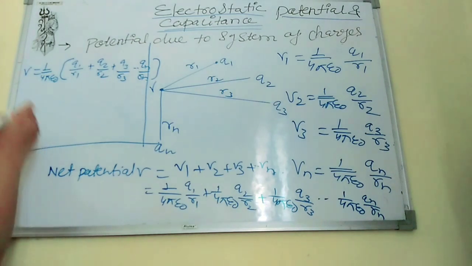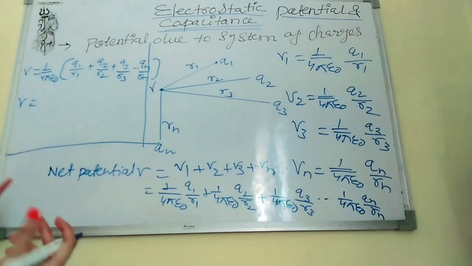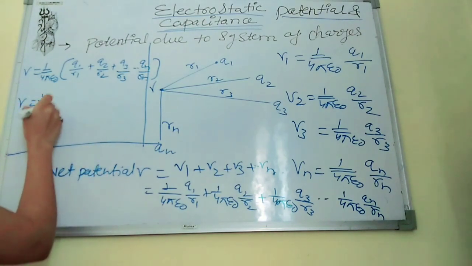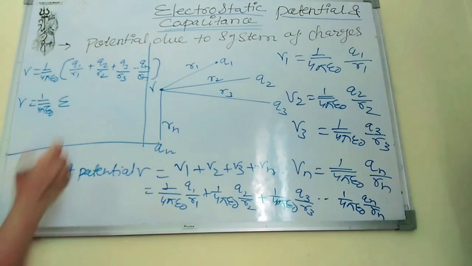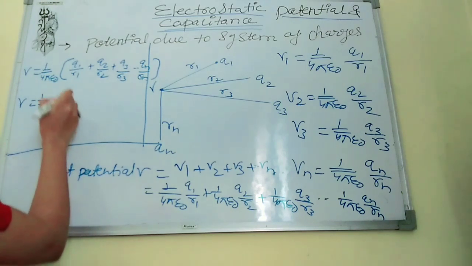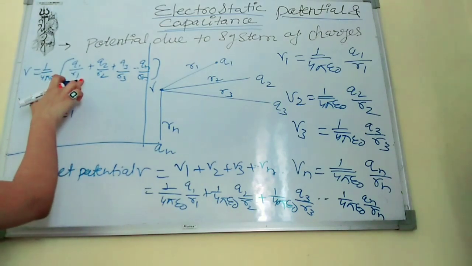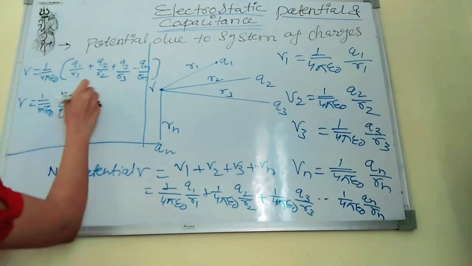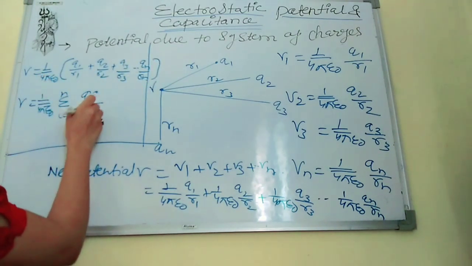We can write this in the form of a summation: 1 by 4 pi epsilon naught, summation of i equal to 1 to n, of Qi upon Ri.